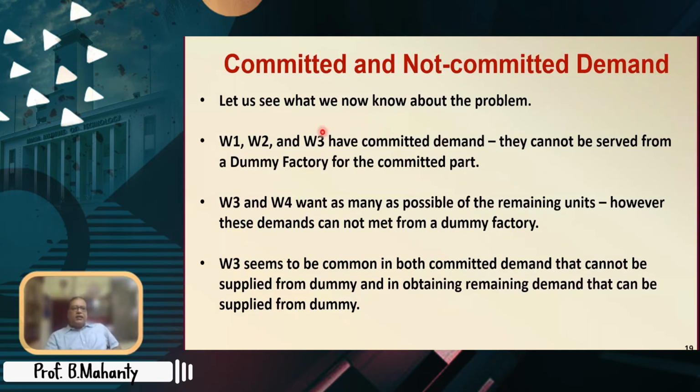Now let us say what we know about the problem. W1 and W2 and W3 have committed demand. They cannot be served from a dummy factory for the committed part. W3 and W4 want as many as possible of the remaining units. However, these demands can be met from a dummy factory.